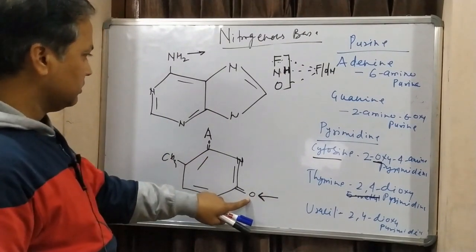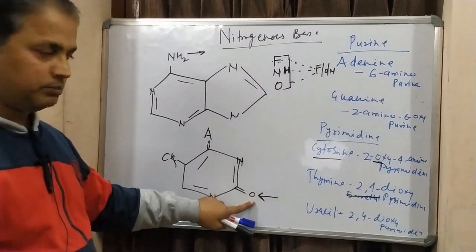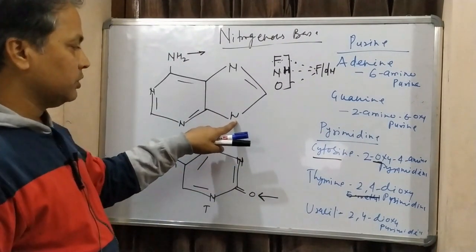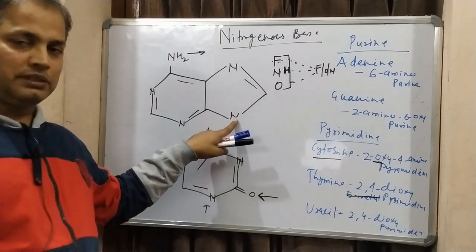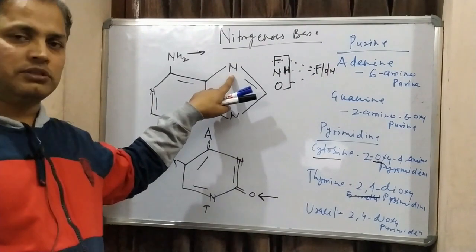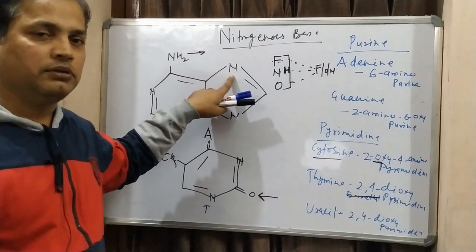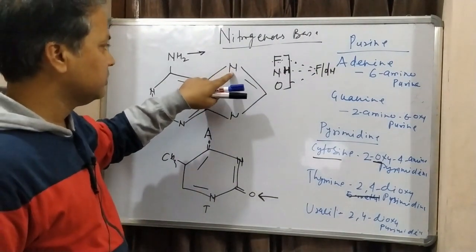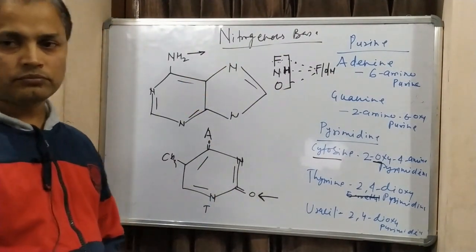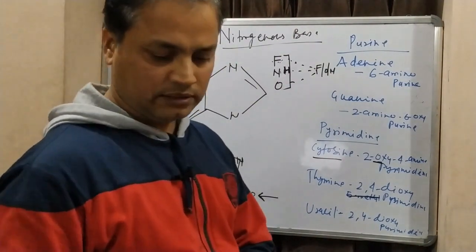This can work as an acceptor, this one, because it has hydrogen, can work as a donor. This does not have any hydrogen, so it can work as an acceptor. So a hydrogen bond never forms between this one and this one, because both are acceptors only. So that we are going to see.